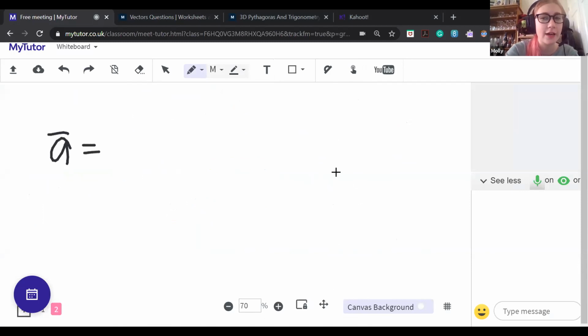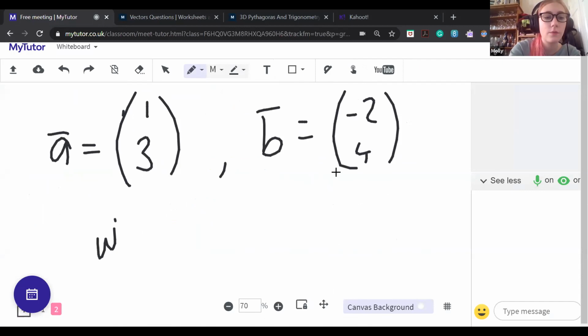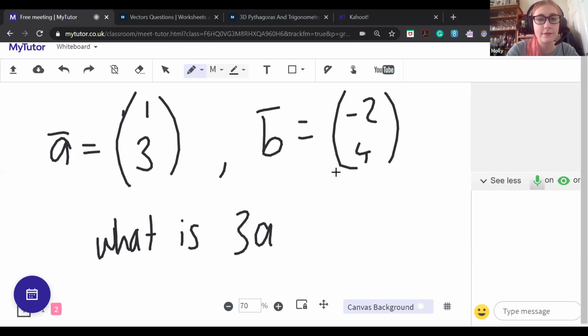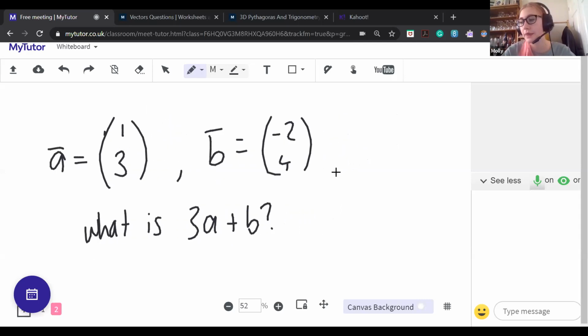So this is a grade 5-ish question. Let's say A is (1, 3) and B is (-2, 4). What is 3A plus B? Give that a go. I'll give you 30 seconds or so to have a go at that, and then I'll show you.